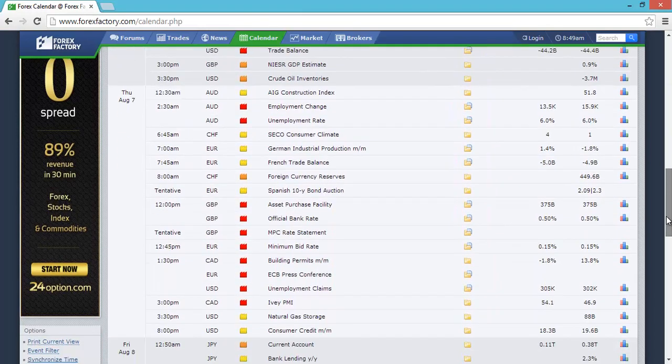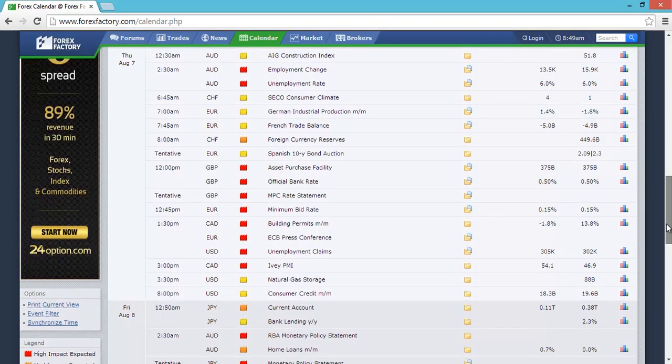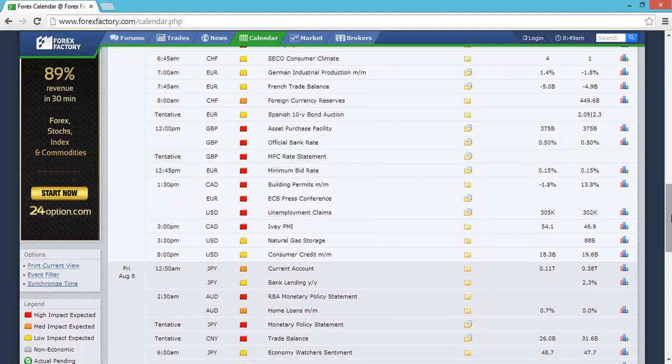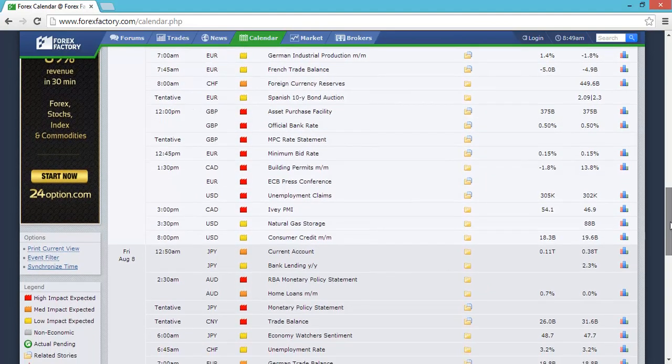And then on Thursday overnight, we've got more Australian data, so the Australian employment change and the unemployment rate. And at 12 PM we have big UK data, so we've got the asset purchase facility and the official bank rate numbers, both expected to stay the same there. And then at 12, and what follows that is the MPC rate statement, of course.